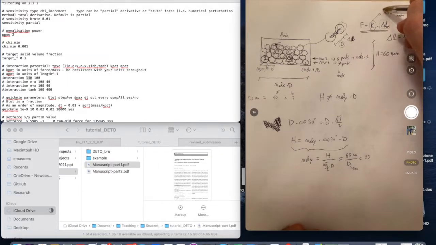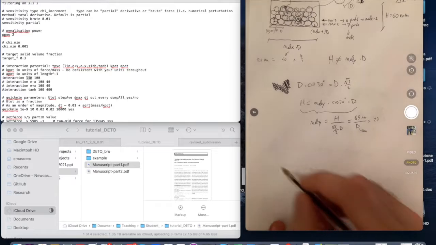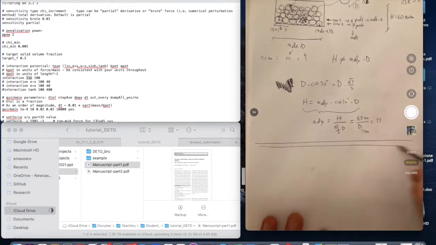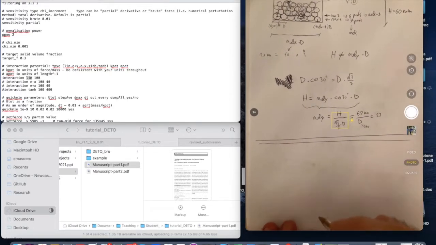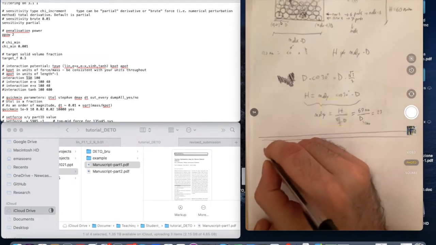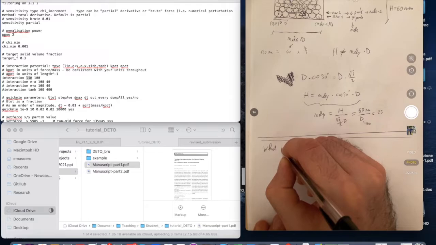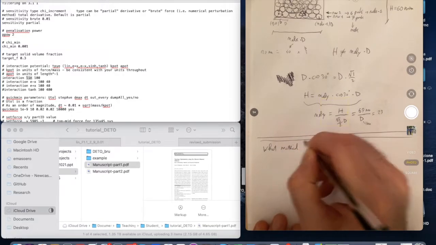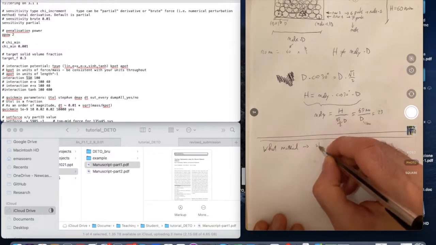So how did I get to this value here, or how would you get to the value of k in your application? Well, what I recommend you to do to define the value of k is to start from deciding what material you are using. So what material are you using? For example, you could say I'm using steel.